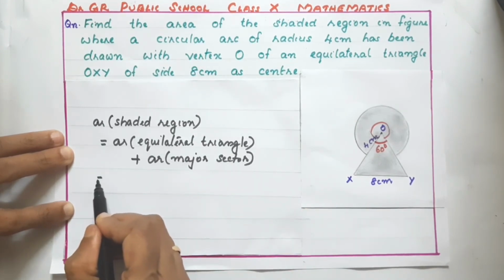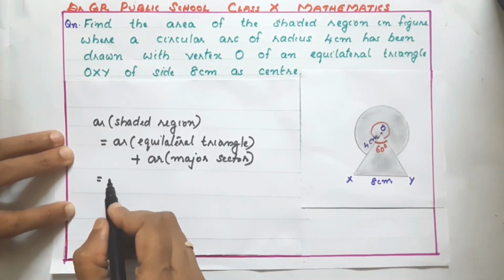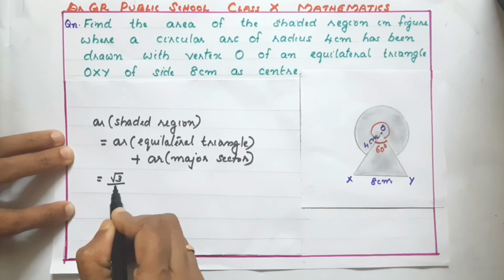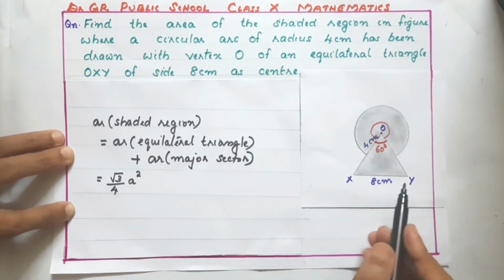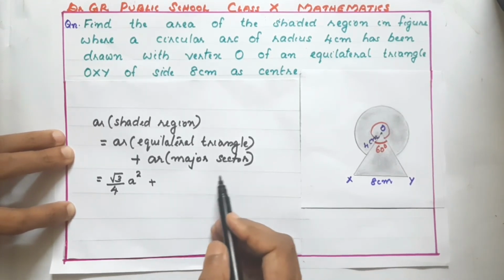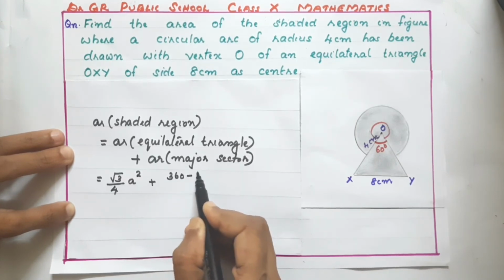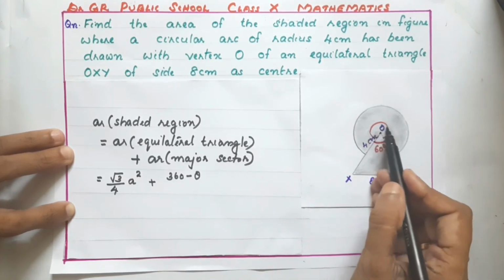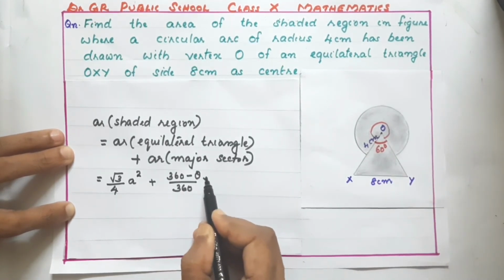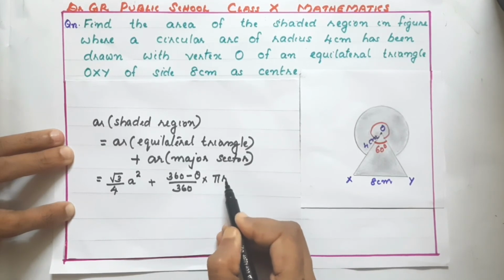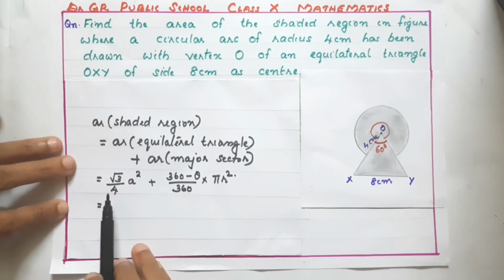So, area of equilateral triangle, what is the formula? You know, root 3 by 4 a square, where a means the side of the triangle. Plus area of major sector, formula 360 minus theta by 360 into pi r square, where 360 minus theta is the angle of this major sector. Now what all we need?